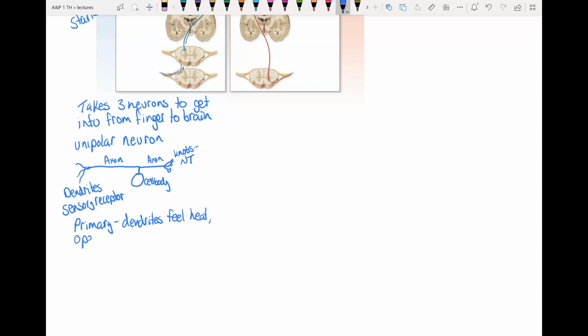They open their sodium gates, and these are going to be called modality gates because they opened in response to a sense. They start an action potential on an axon, and that goes to the spine.